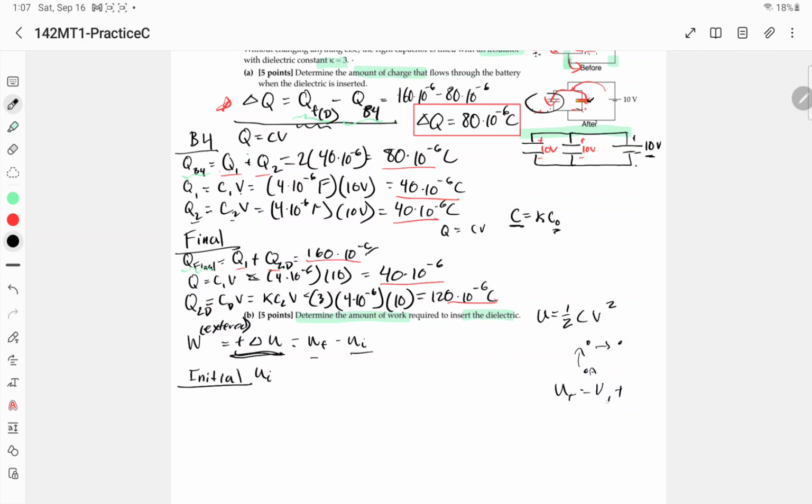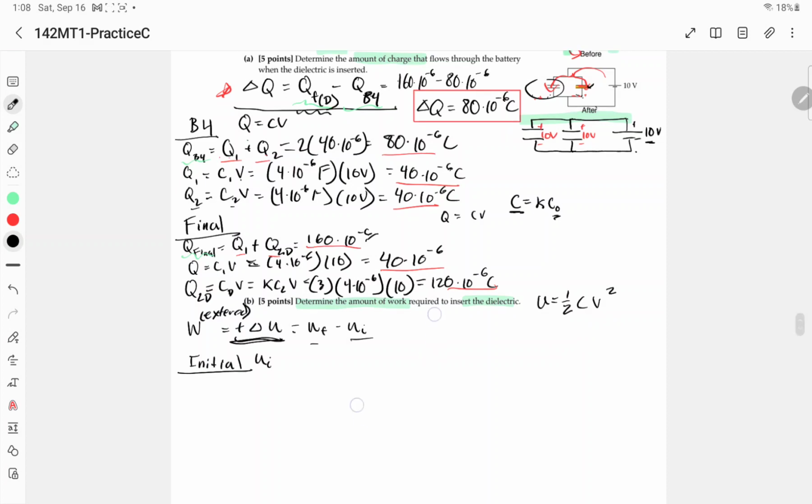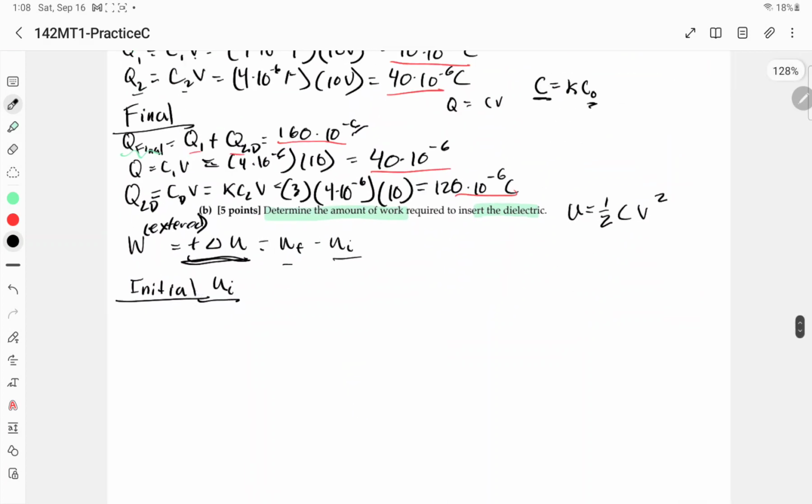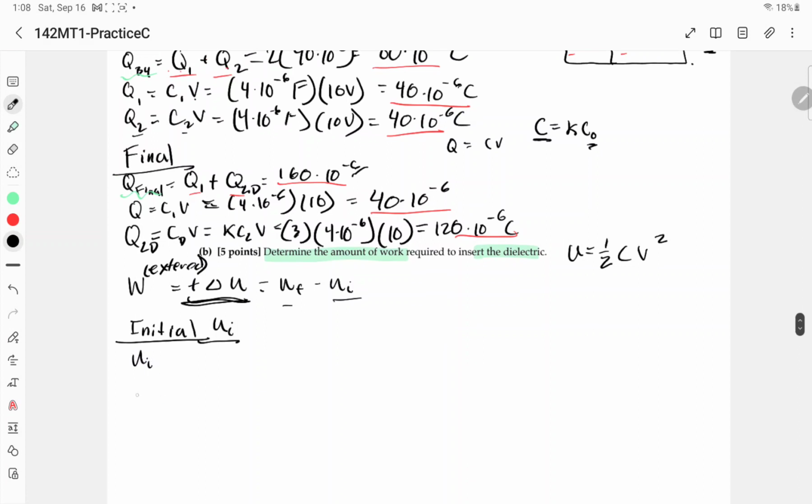You had A and B, adding A and C, or B and C, and all that. You had to find the total potential work, or the whole total potential. Sorry, I'm mixing up my words here. But the same thing applies here, right? We want the total U, so we have to find it for initial. So this is equal to U due to capacitor 1 plus U of capacitor 2 in the initial states.